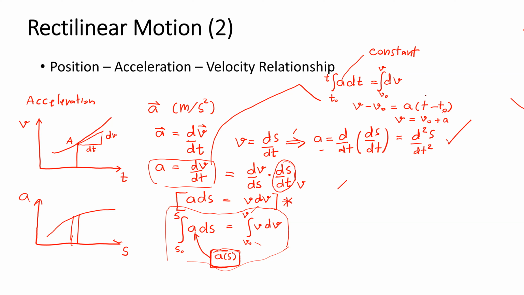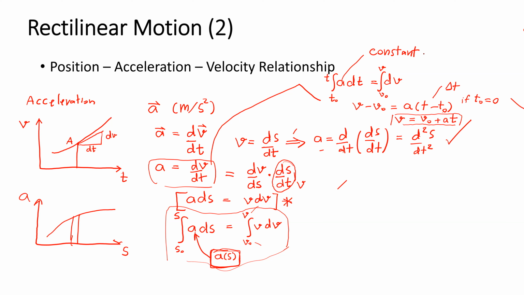If t0 begins from 0, it should be like the instant velocity is the initial velocity plus acceleration multiplied by the time.